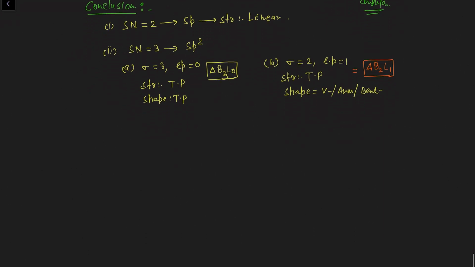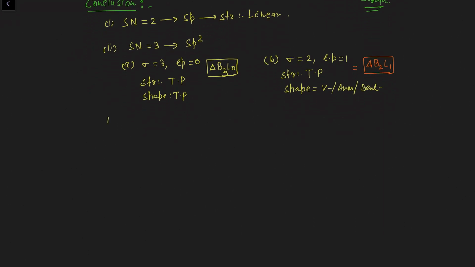Now the third concept which we did with the help of examples: if steric number is 4, then the hybridization will be sp3, and 3 conditions are possible. Condition number 1, if sigma bond is 4, lone pair is 0, then structure and shape will be the same. What is the structure and shape? Tetrahedral.